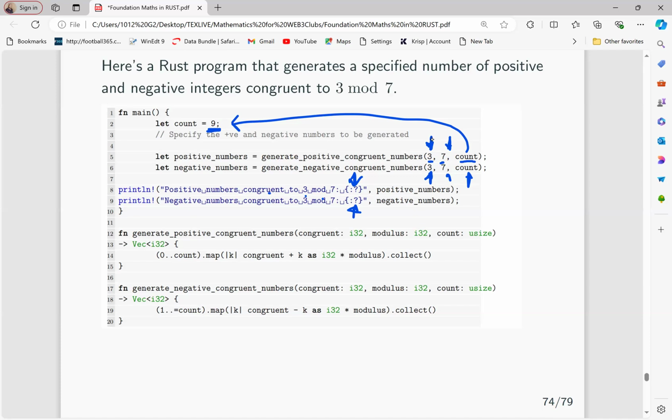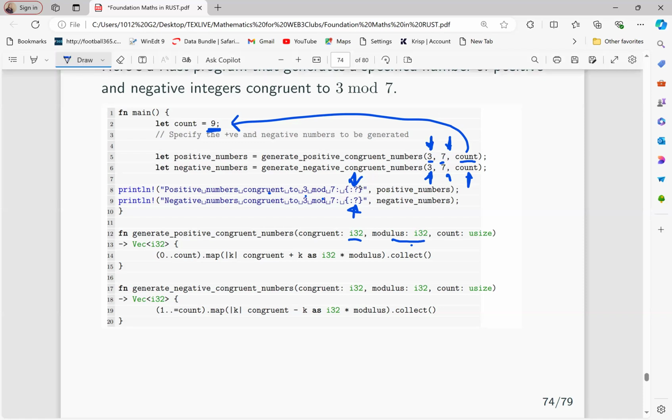So this is what generates the positive values. I've used I32. I also use I128 or I64. And also the mod: if you want a bigger mod, you can change these I's.